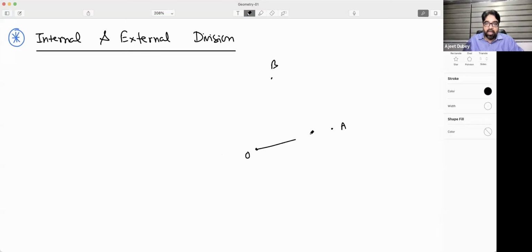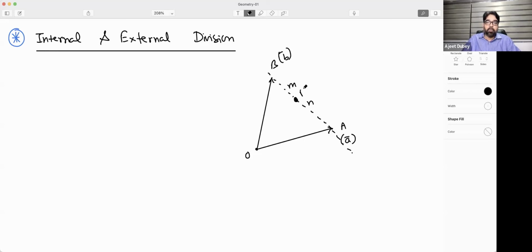The position vector of capital A is small a vector, and the position vector of B is small b vector. Right? On this line, I want a point. Suppose this point is P, dividing these two in the ratio m:n.